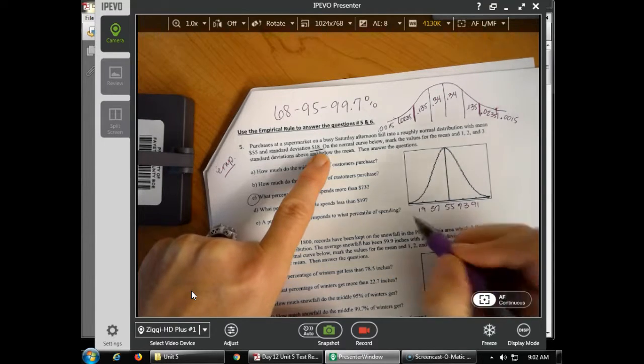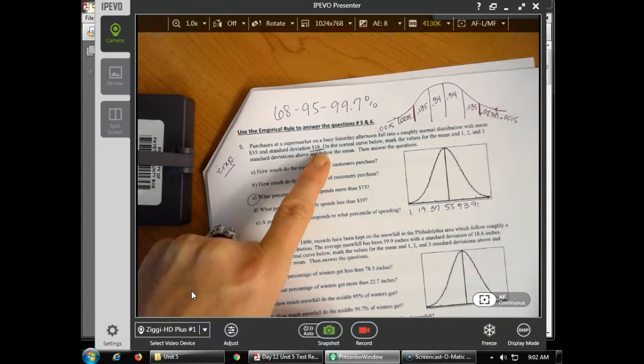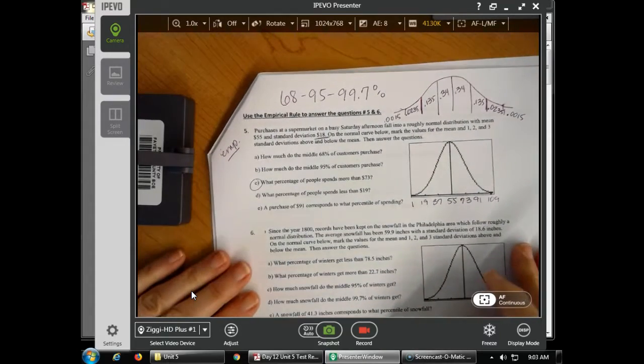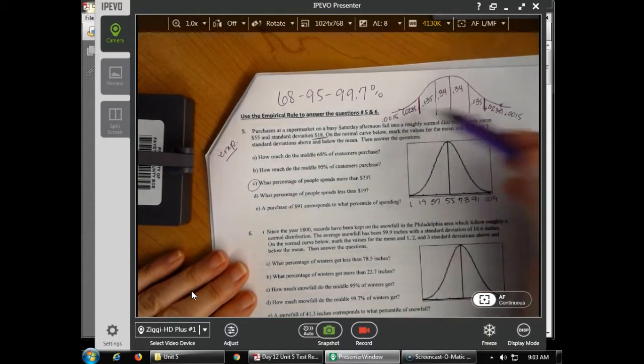Okay, and then you want to go one more. So you want to go 3. Does that make sense? So this is going to be what over here? Okay, very good.